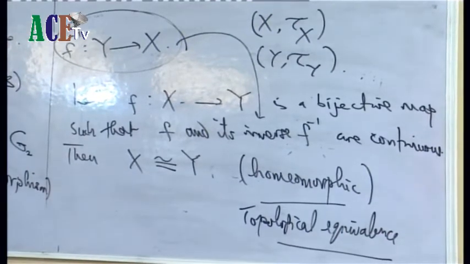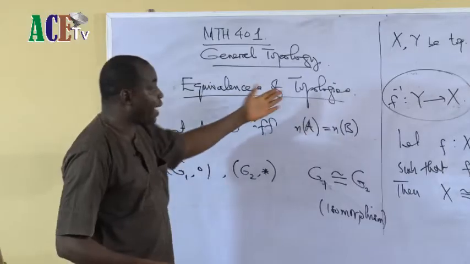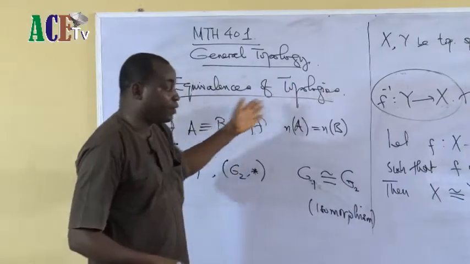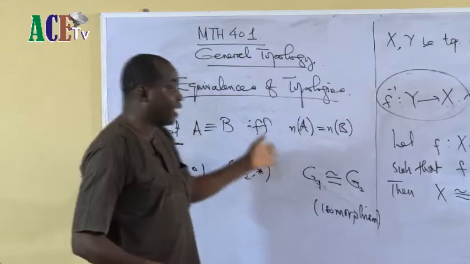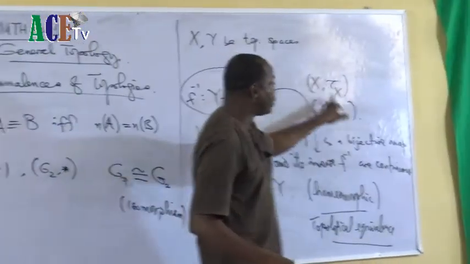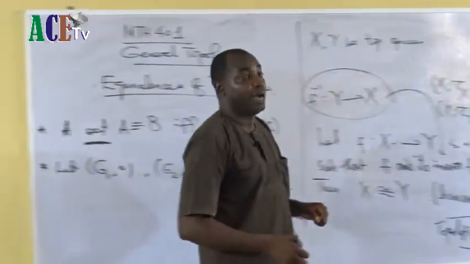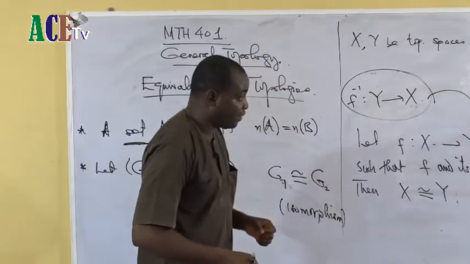This will soon be illustrated by examples. For sets to be equivalent, we say the number of elements in both sets must be equal. But when you are dealing with topology, you are not just dealing with the set, but also with the topologies defined on those sets.